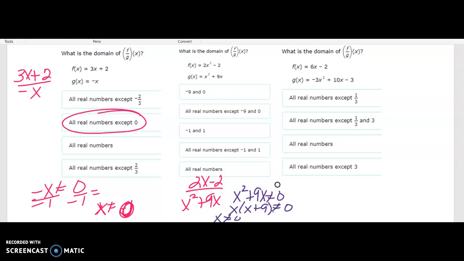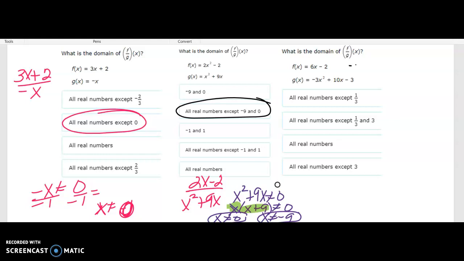So x cannot equal 0 because that makes this 0. And x cannot equal negative 9 because negative 9 makes this 0. So x can be any number in the whole wide world except for negative 9 and 0, because negative 9 and 0 make the bottom 0.